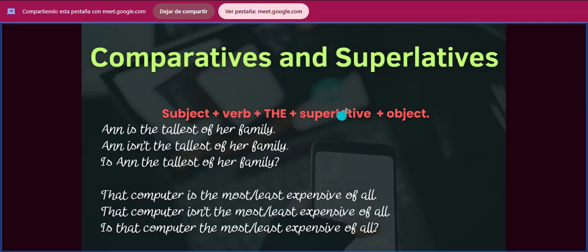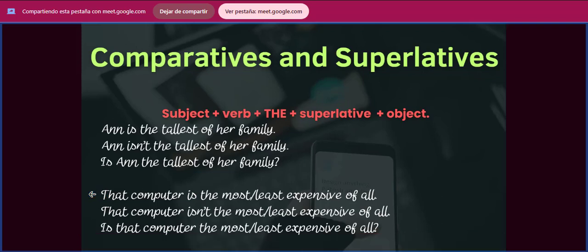And notice that, as I told you, in the case of the superlative, we are comparing Anne, not anymore with her sister, but in this case with all the members of her family. So we are taking one element out of a bigger group of elements. Then in the case of computers, we can do the same thing.